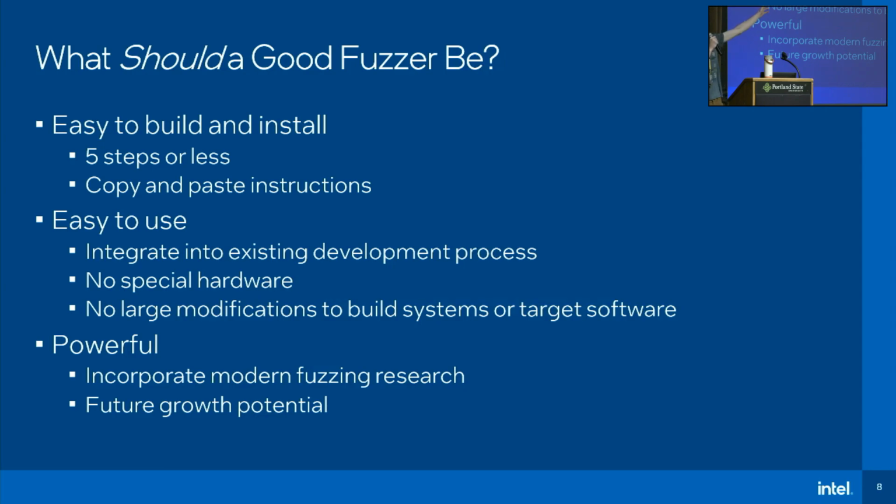So they need to be able to install it. And they need to be able to copy and paste all of the instructions to install it. Because, again, and this is not a knock on any developers, it's our fault as fuzzer authors for making our install processes so difficult. If you have more than 5 options, it's too many. So you need to be able to install with a couple steps. You need to be able to add your fuzzer into whatever development process is already happening.